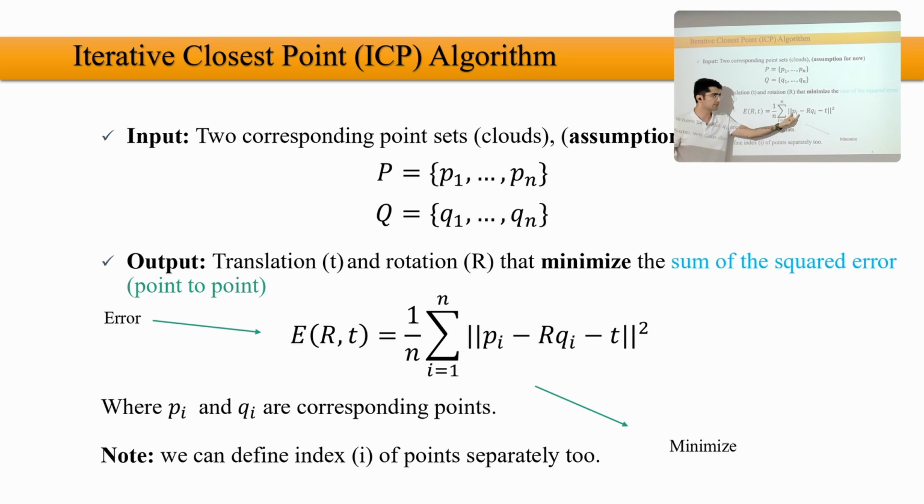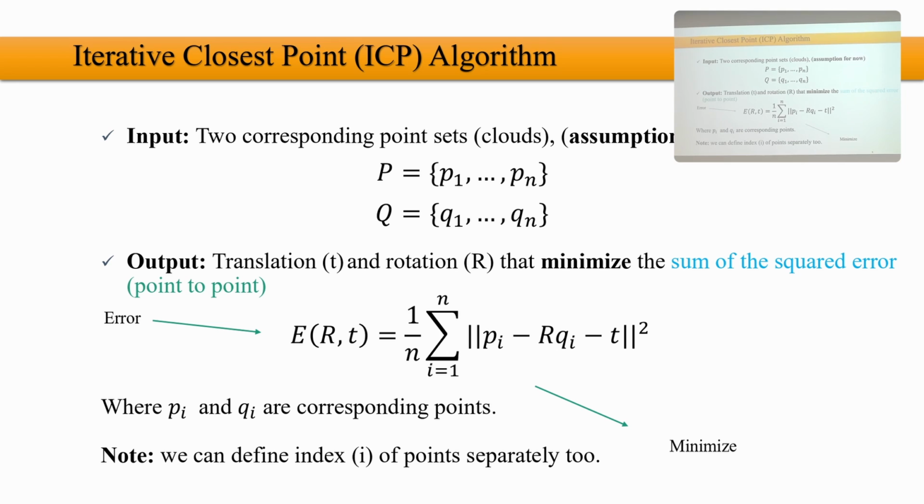This is point set 1, subtracted by the rotated second cloud point and translation. So the first point set, the rotated second cloud, and the translation: the distances give us the error of the rotation and translation of two 3D point clouds.